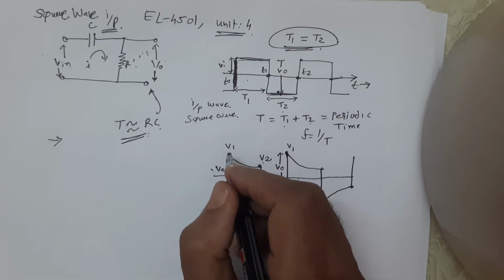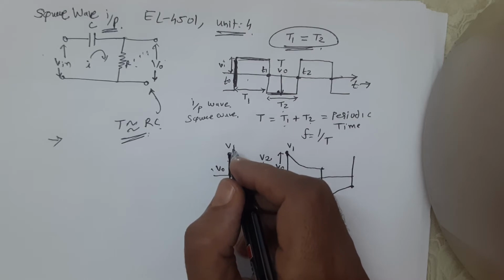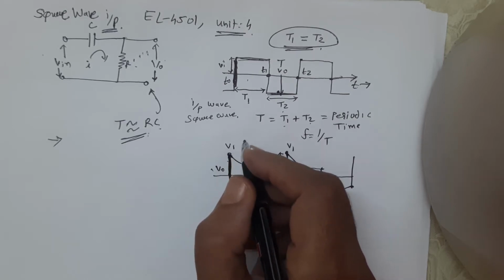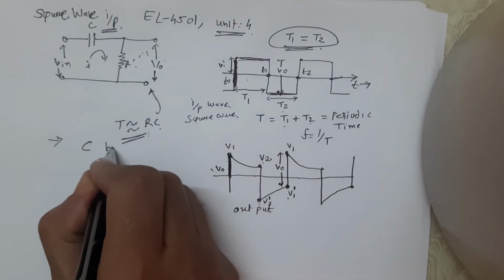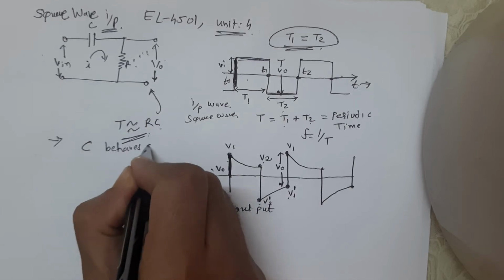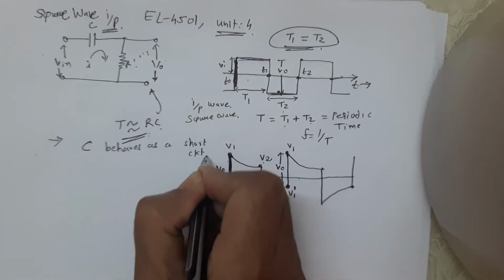There is no change in the output. It appears across the load R as output because in the initial condition the capacitor C behaves as a short circuit.